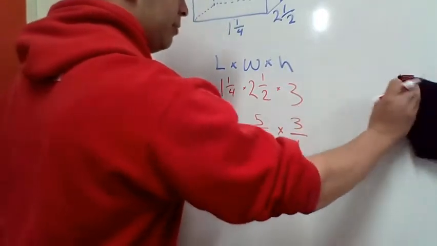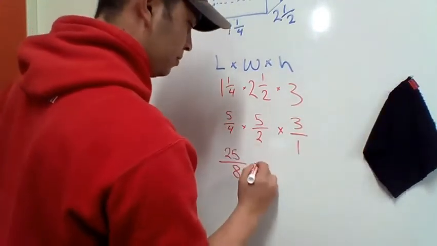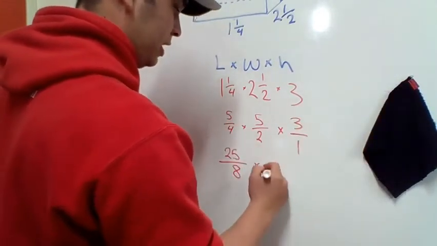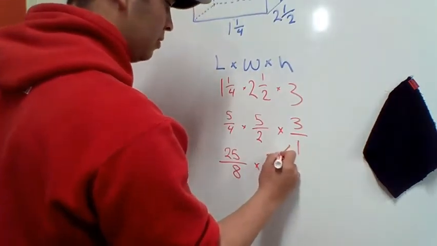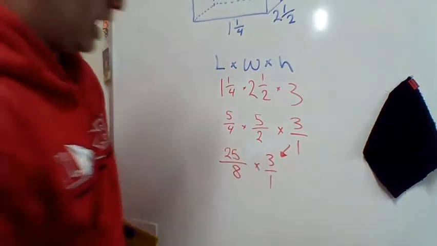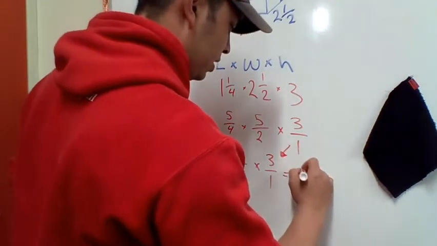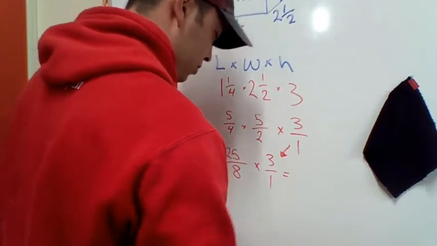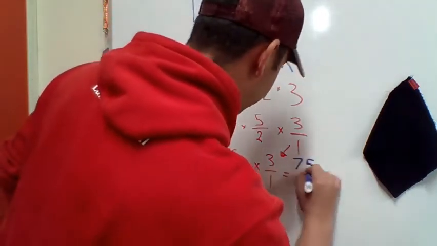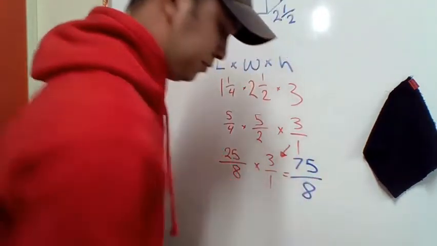And now I can multiply it by this one over here, so 3 over 1. 25 times 3 is 75, and then 8 times 1 is 8.